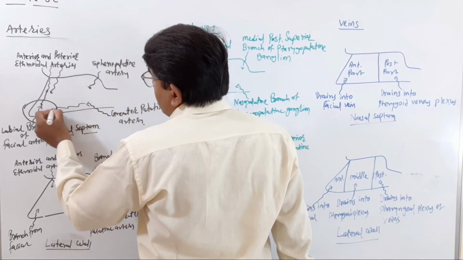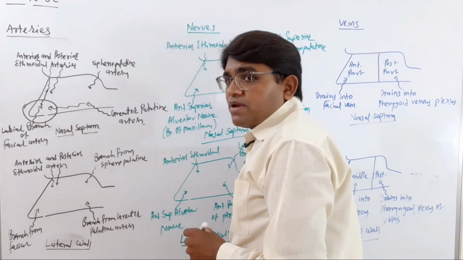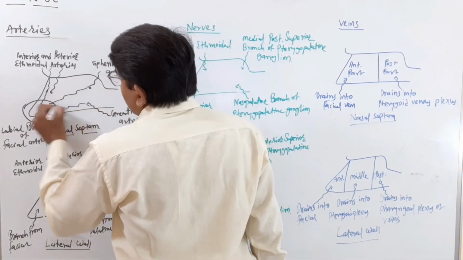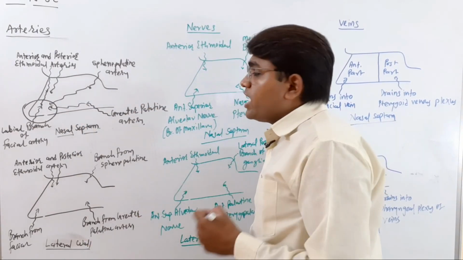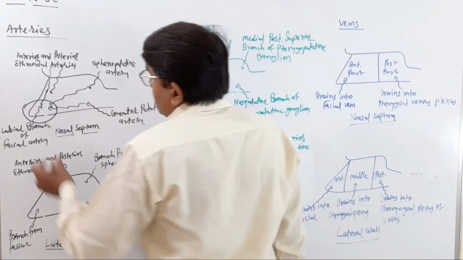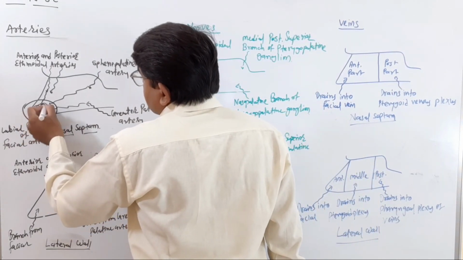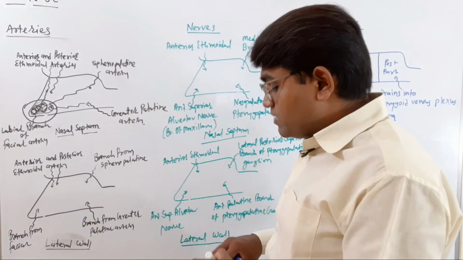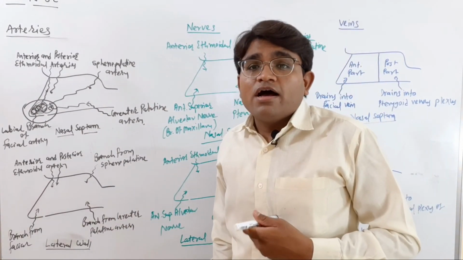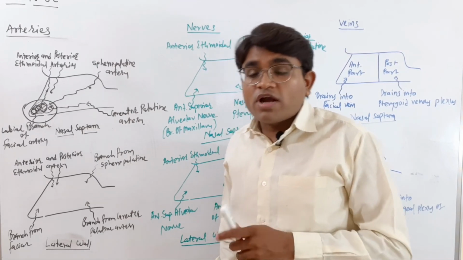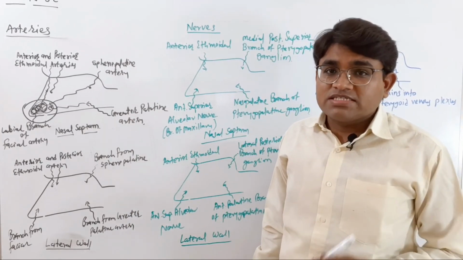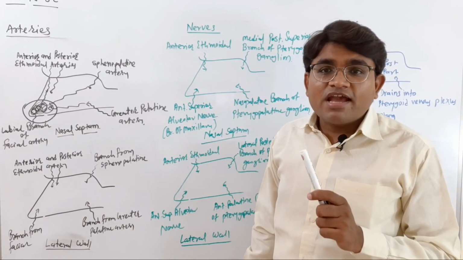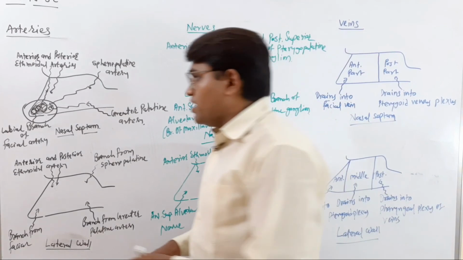Then the branch of the greater palatine artery is also present here, and the sphenopalatine artery is also reaching up to that. So all the arteries of the nasal septum form one plexus here on the antero-inferior part, and this plexus is known as the Kiesselbach plexus, and this area is known as Little's area.